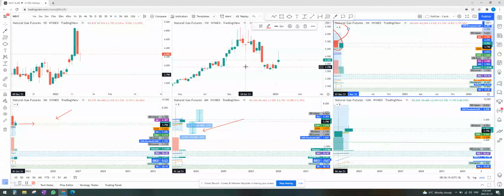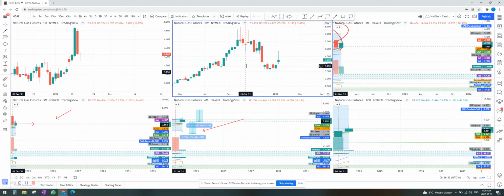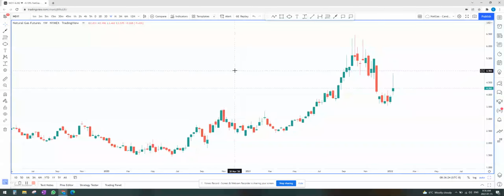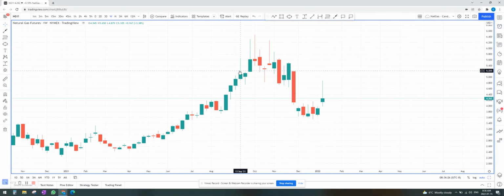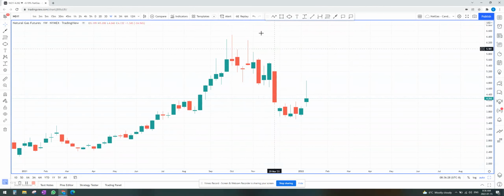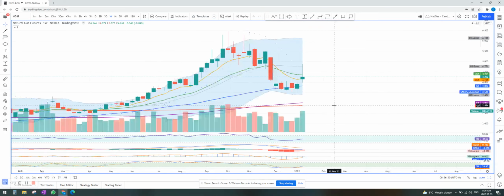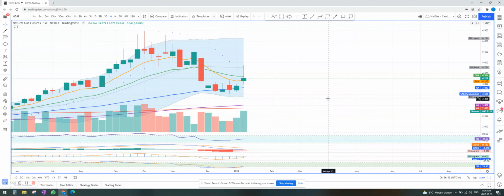This was the monthly. Let's have a look at the weekly that closed yesterday. The weekly is actually bullish, and it's clear that it's probably going to move a little higher from here.